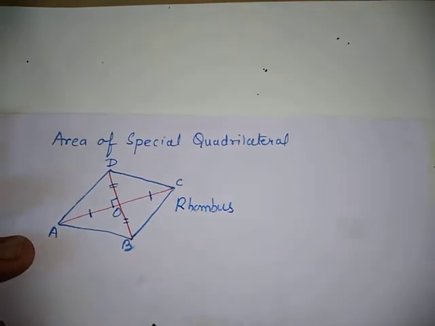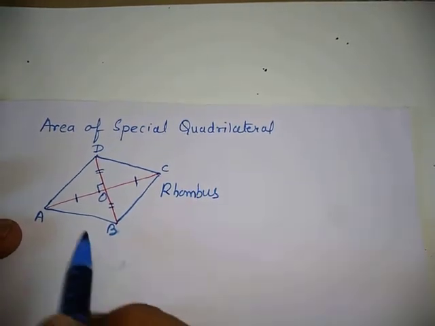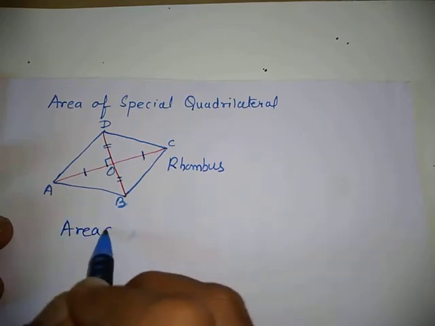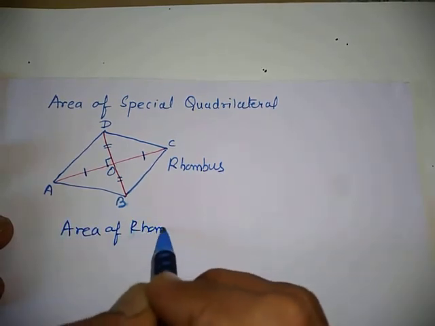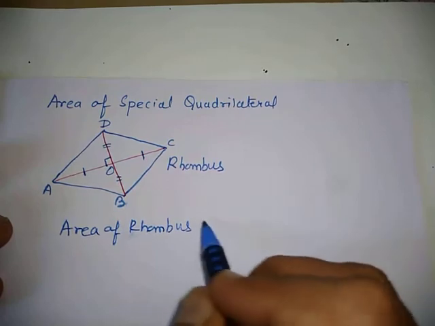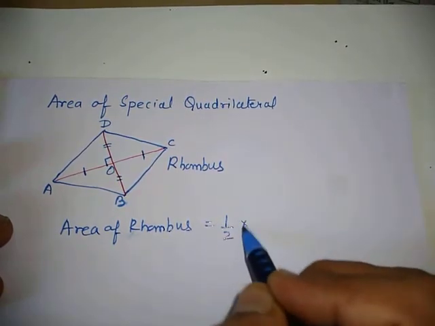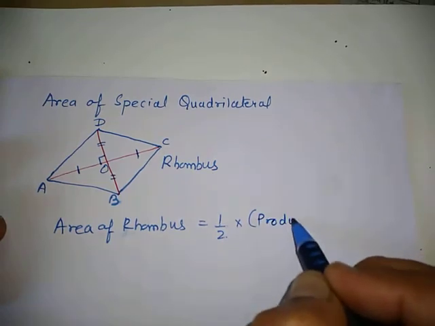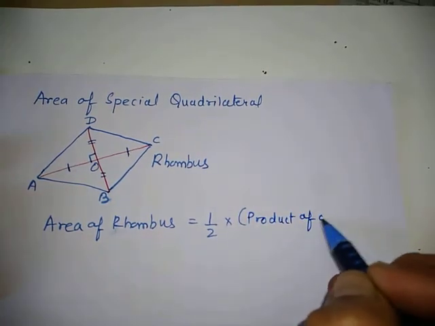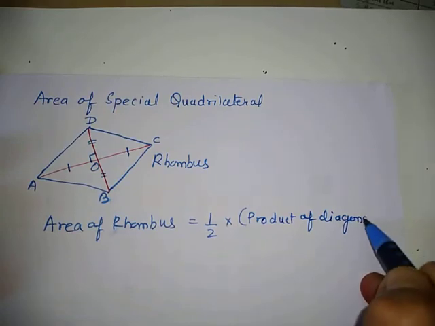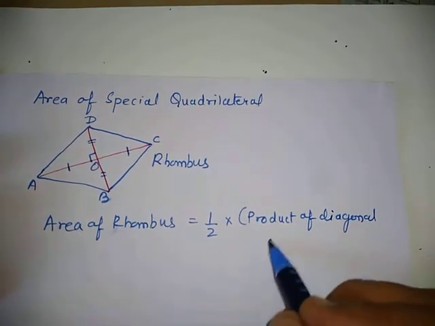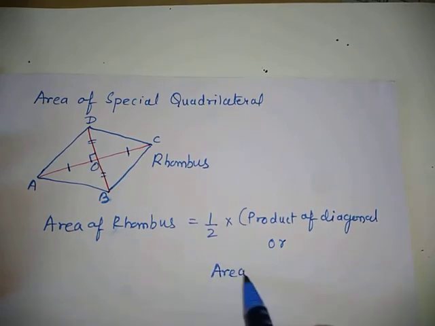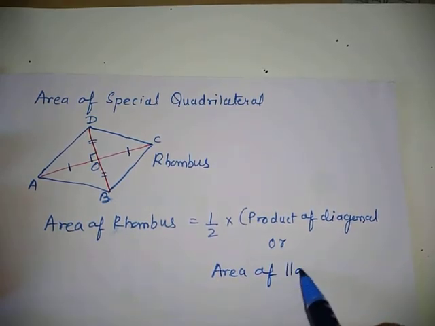So this is a rhombus, and the area of rhombus. It is a special type. Area of rhombus is equal to half multiplied by the product of diagonals. Or the other way we can say area of parallelogram.